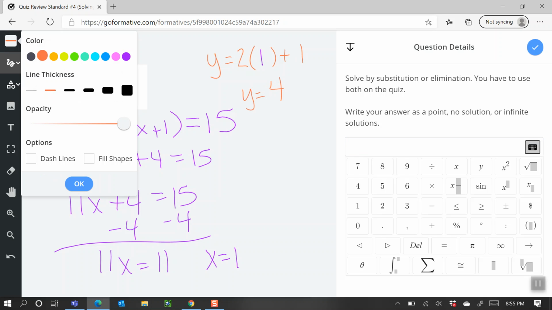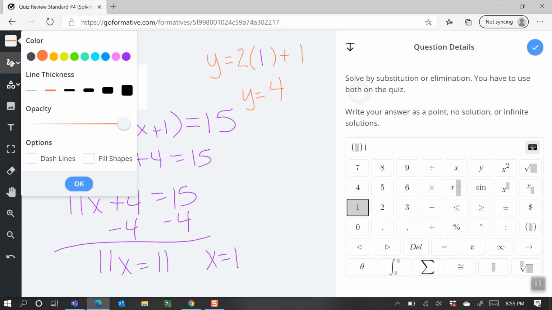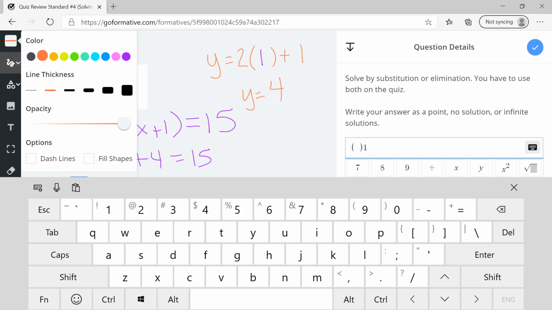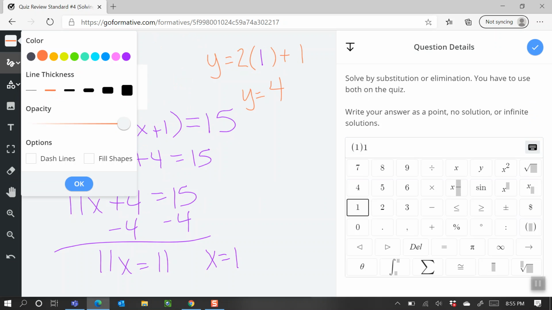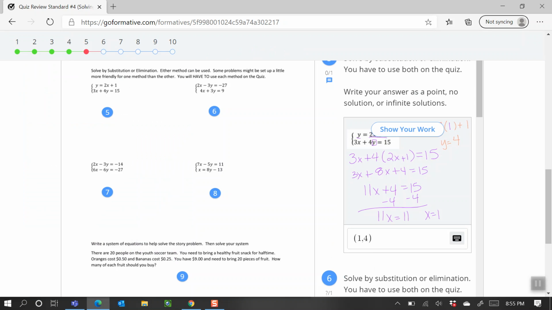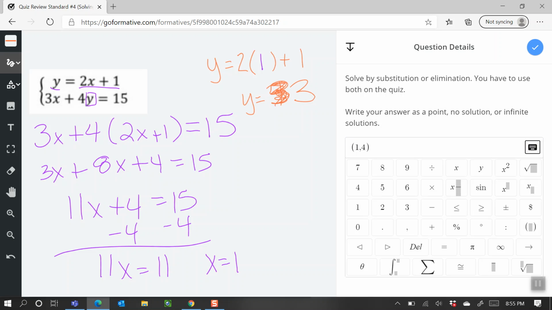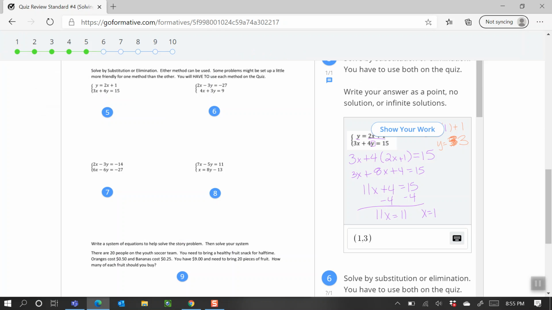So your answer, parenthesis, and I don't remember what I said it was, 1, oh, come on, 1, comma, 4. I'm going to delete that part out. 1 comma 3, because your teacher can't do math. Let's go fix that. That should be a 3. There we go.